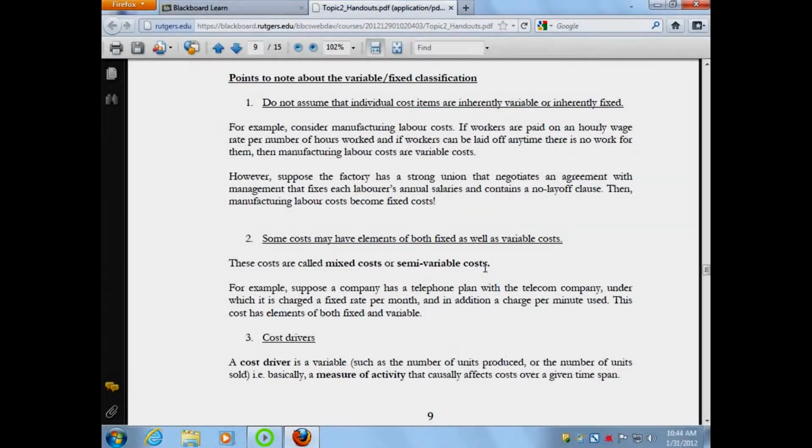And then eventually at some point you will exhaust the capacity of that factory, and when you exceed that range, your fixed cost is again going to take a jump. So in fact, all fixed costs behave like this. When you think about costs as being fixed, remember, it's only within some range, the range that's relevant to you, whatever range you're concerned with. Is this absolutely clear to everyone?